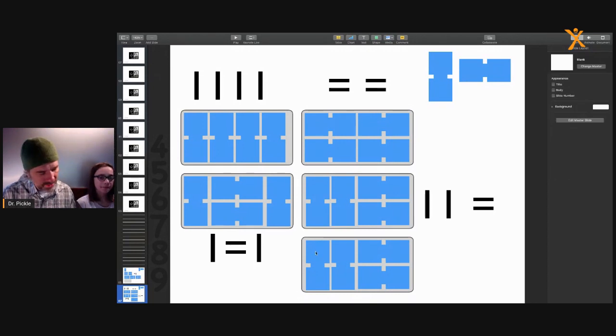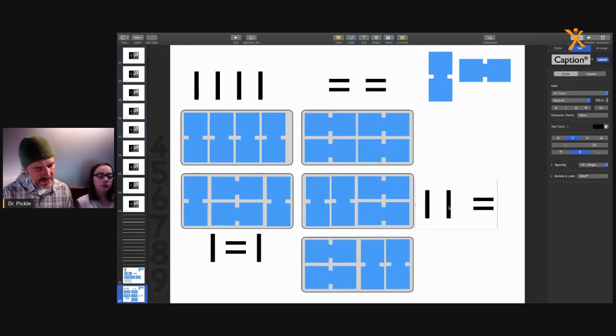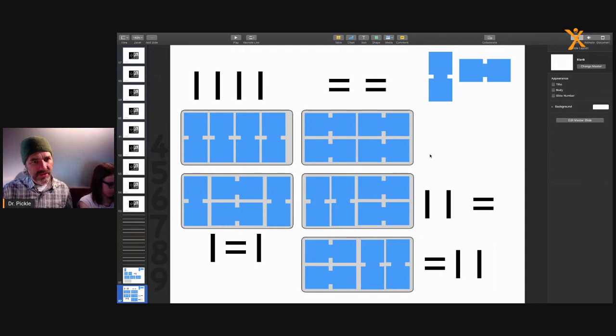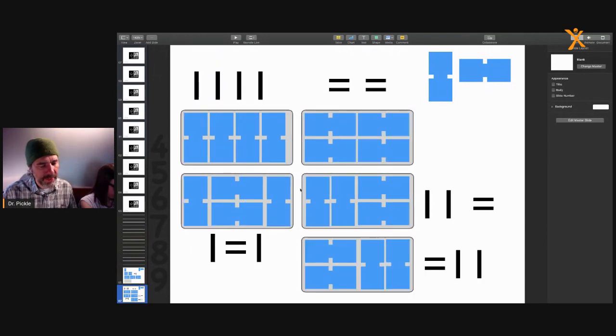And so these 2 go over on this side. So it's like this. So this one is equals. So we had 1, 2, 3, and 5.